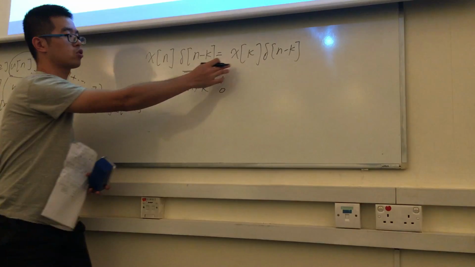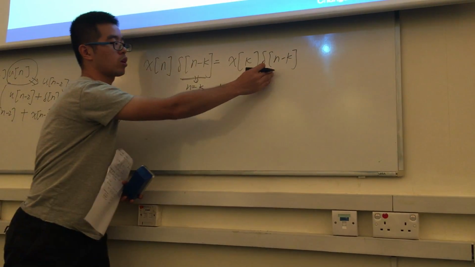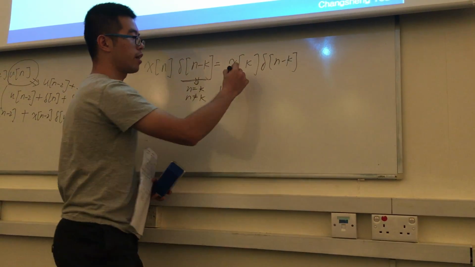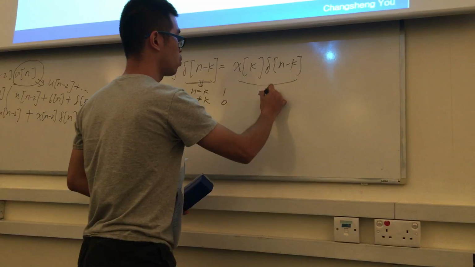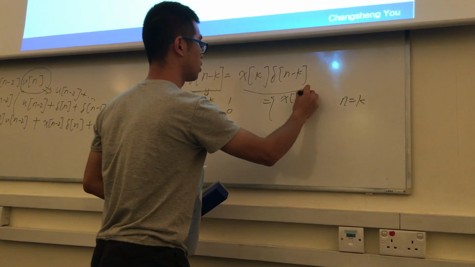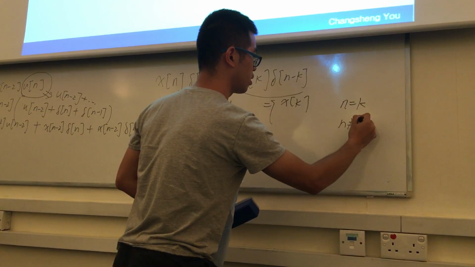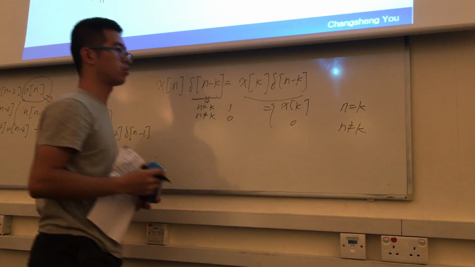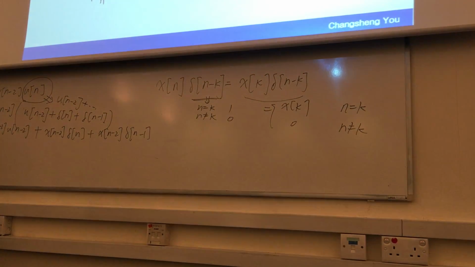So when n is equal to k, this is x[k]. When n is not equal to k, it is 0.